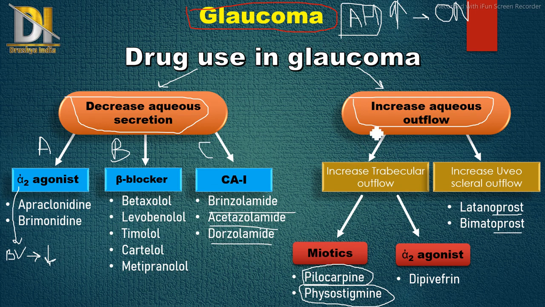Then we have seen the drugs which increase outflow or drainage of aqueous humor. First class was increased trabecular outflow. Just remember these three drugs of increased trabecular outflow by DPP.